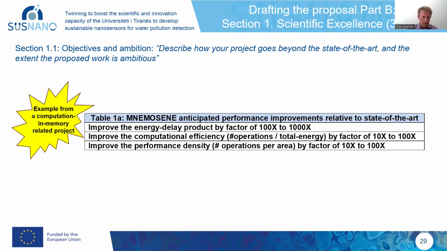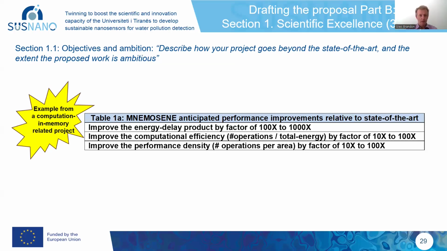So they said that with the technology that was going to be developed, the aim was to improve the energy delay product by a factor of 100 times to 1,000 times, that they would improve the computation efficiency by a factor of 10 times to 100 times, and that they would improve the performance density by a factor of 10 to 100 times. Now, that's how they were aiming to demonstrate going beyond the state of the art with their particular technology.